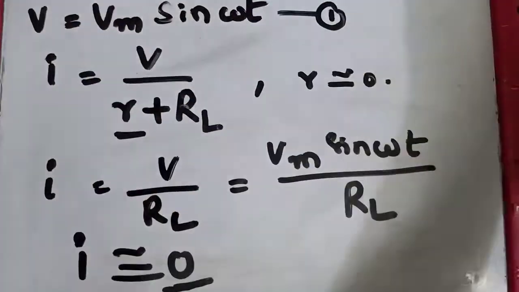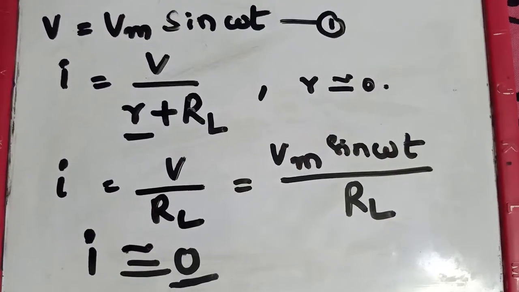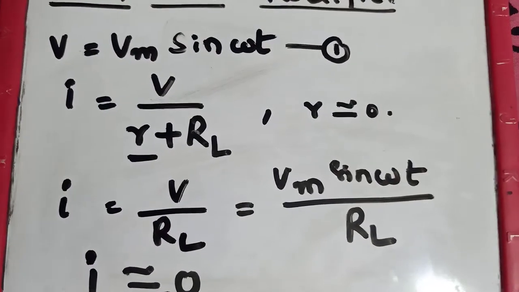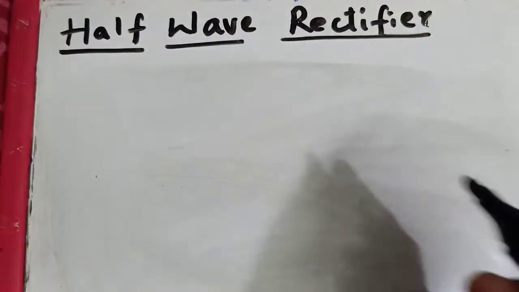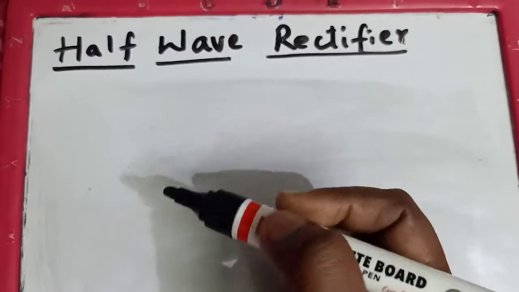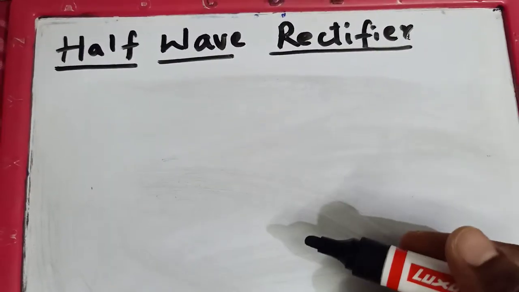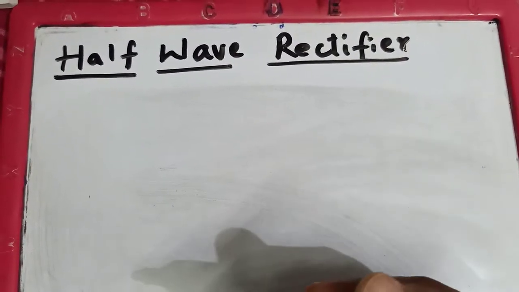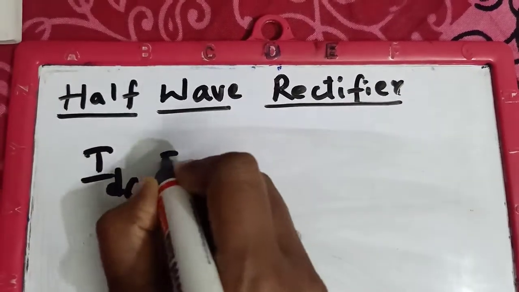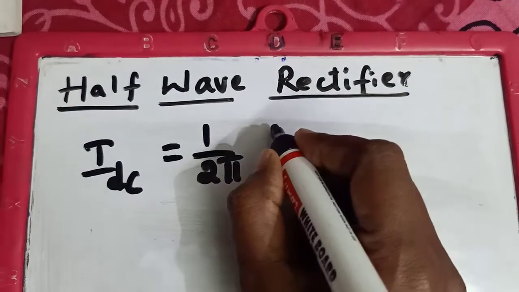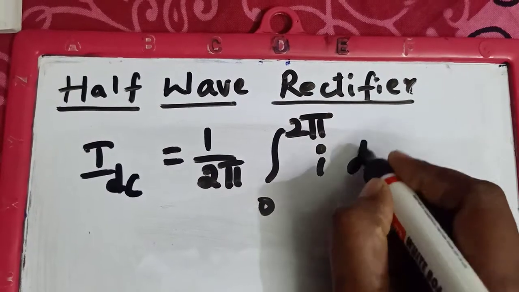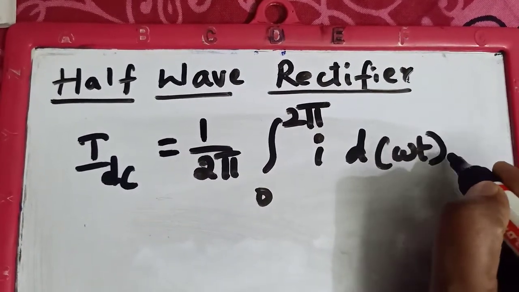Now we obtain the current IDC. Since this process repeats for the half-wave rectifier, with the terminals S1 and S2 alternating every half cycle, we take IDC = 1/2π times the integral from 0 to 2π of I d(ωt).